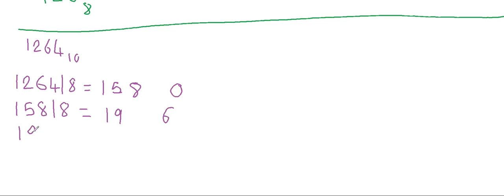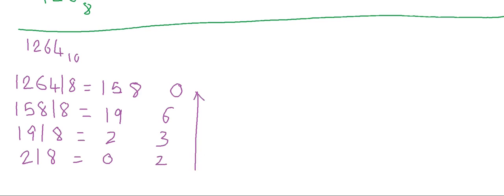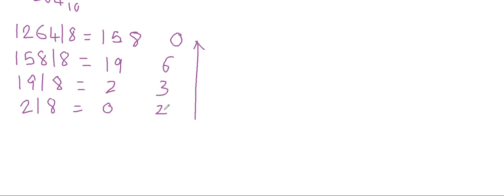And when you divide 19 by 8, 8 times 2 is 16, remainder is 3. 2 divided by 8, 8 times 0 is 0, remainder is 2, and you get this. So that's the octal representation, 2360. That is the octal representation of decimal 1264.